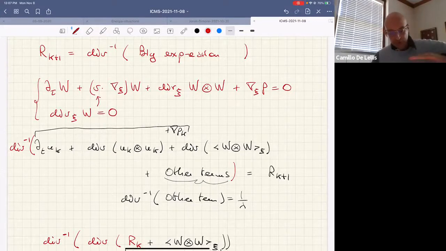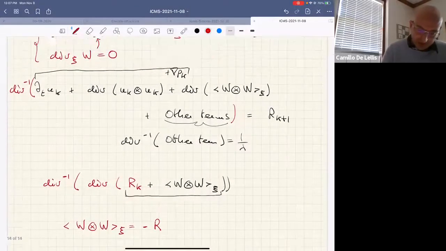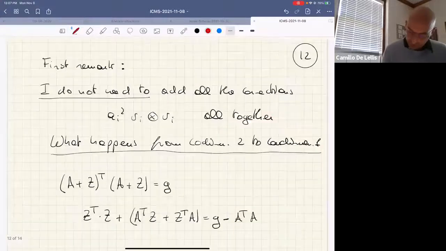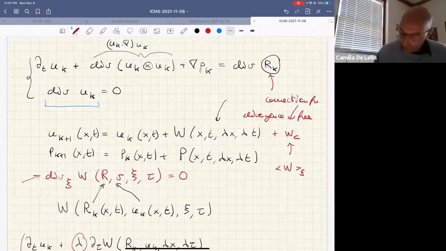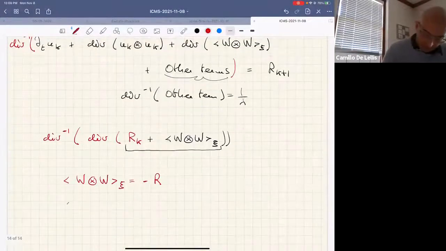And to have a potential which is periodic, we wanted the average of our solution to be equal to 0. So we want to do something like that here as well. So for this condition to be true, I want that the average in psi of my function W is also equal to 0. This is an extra condition that I want to add.